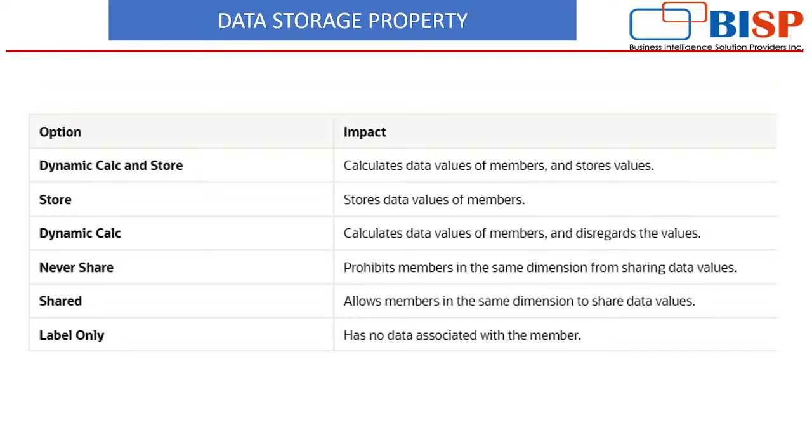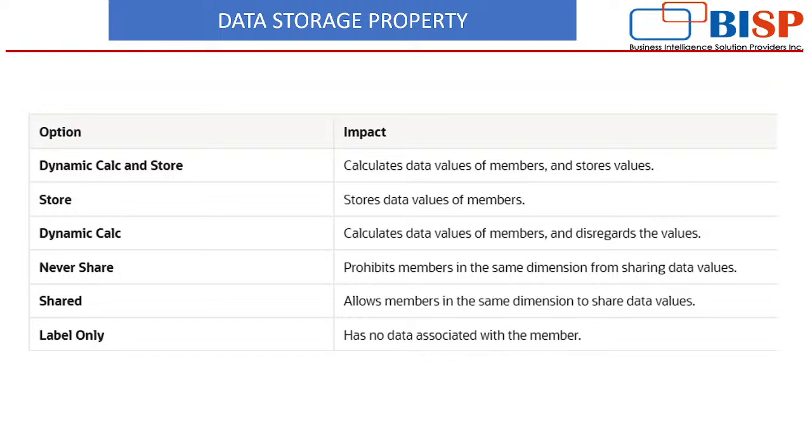Then we have the shared data option. Here this will allow members in the same dimension to share data values. It is just opposite to never share. So if we want to reuse the same member in multiple hierarchies without duplicating data storage, we can use shared members.